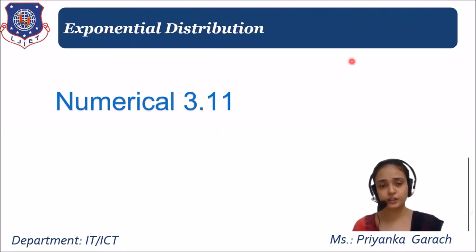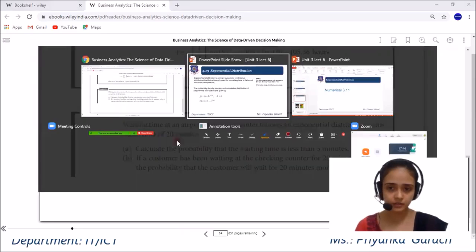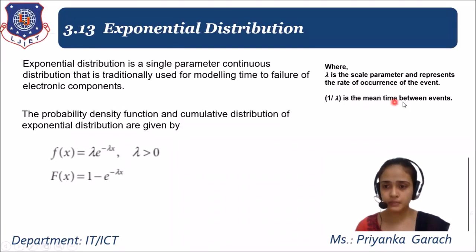Now let's understand the numerical related to the exponential distribution. This is my example 3.11. The waiting time at an airport check-in counter follows an exponential distribution, so you have to use the formulas related to it, with a mean time of 20 minutes. The mean time between the events has the formula 1 upon lambda.